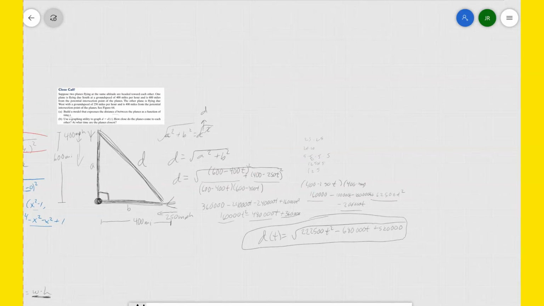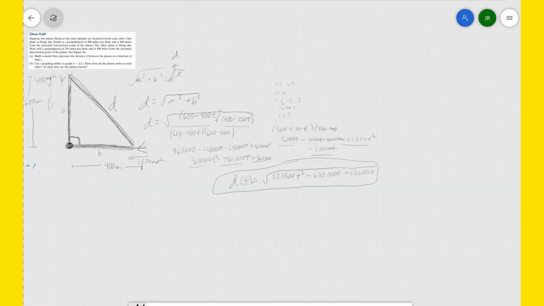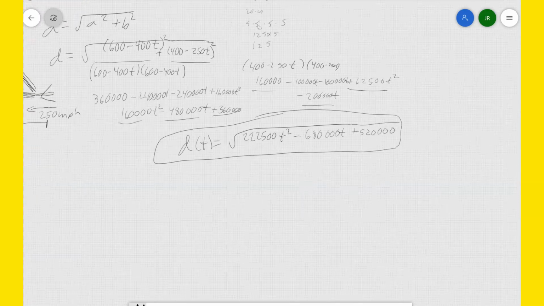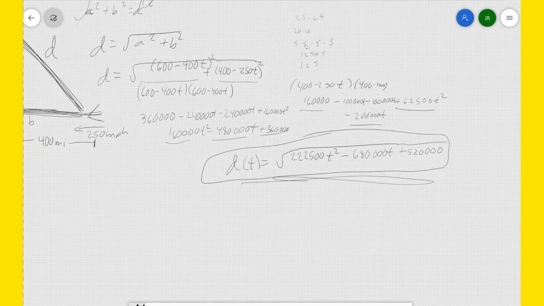Part B says use a graphing utility and figure out how close those planes come to each other. So what I'm going to do, I'm going to put this in my calculator. All right.